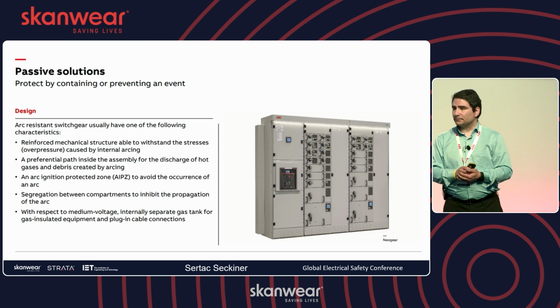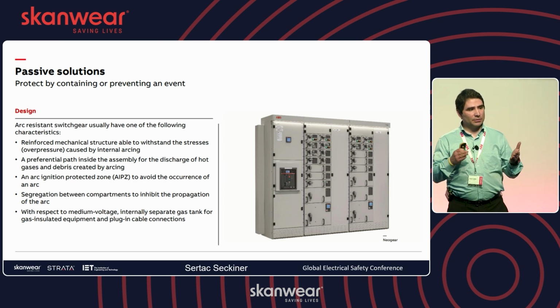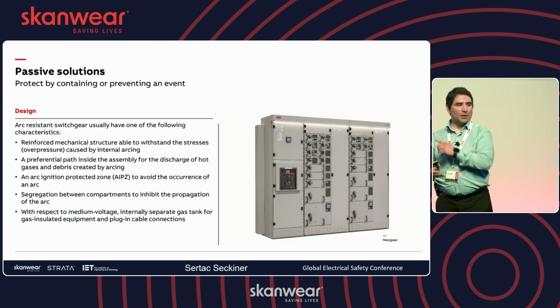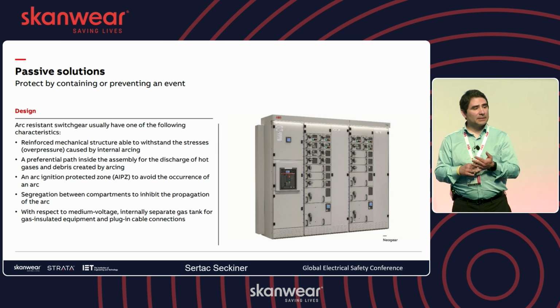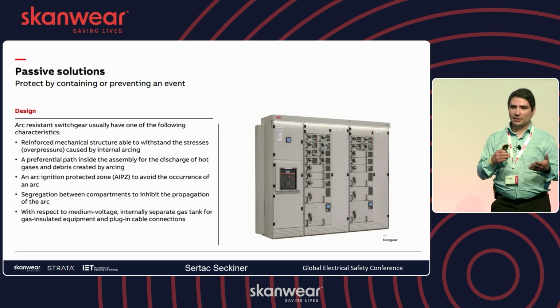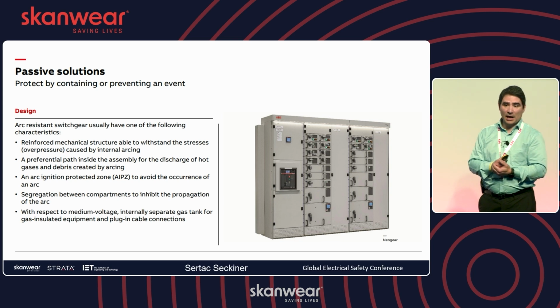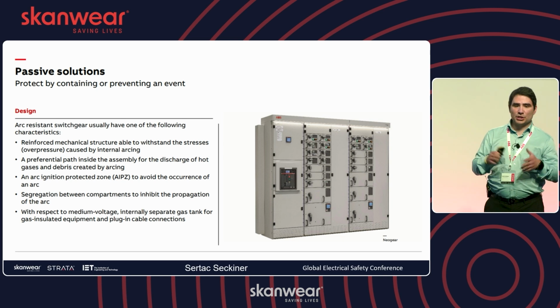And then on top of that, in the design, we need to take into account several different approaches. At least one of those you see on the slides. You can either use a preferential path to dispose of the gases or the arc flash, or you can use arc quenching systems, or you can use different zonal protection.